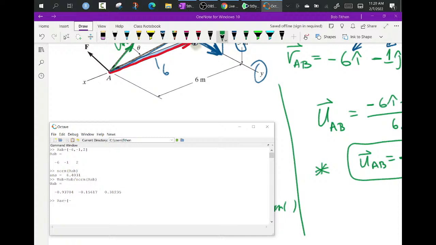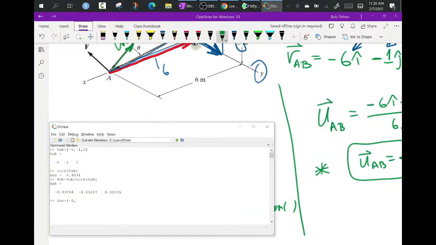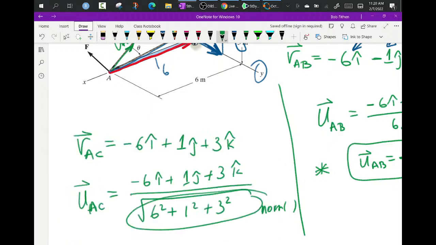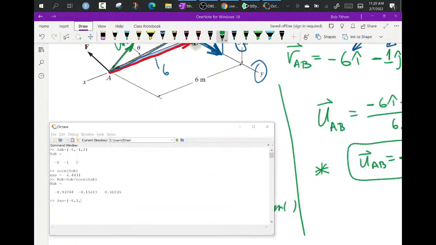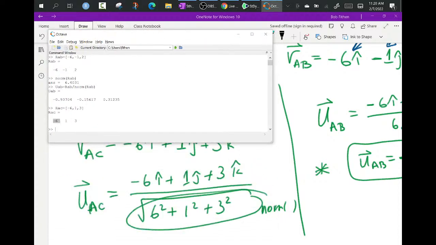and it's still going to be the minus 6. It's going to be the 1, and then is it 3? Yeah, 3. So there's my vector, where the x is the first one, the y is the second one, and the z is the third one there.